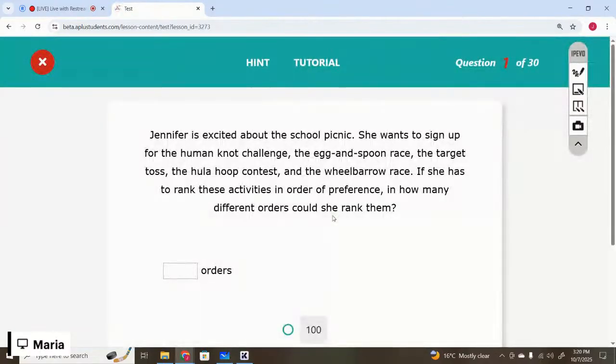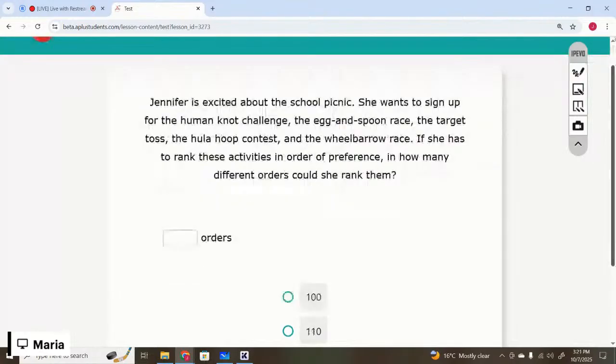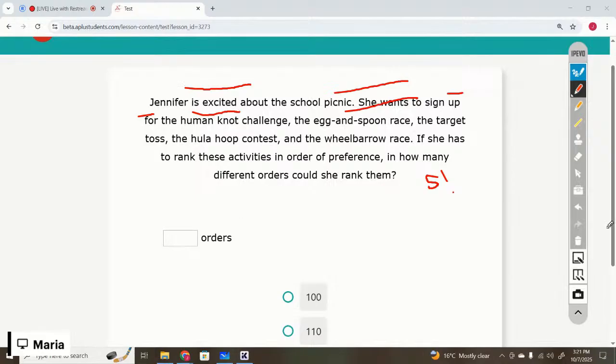Jennifer is excited about the school picnic. She wants to sign up for the Human Knot Challenge, the Egg and Spoon Race, the Target Toss, the Hula Hoop Contest, and the Wheelbarrow Race. If she has to rank these activities in order of preference, how many different orders could she rank them? So the total options she has is five. You need to evaluate five factorial.